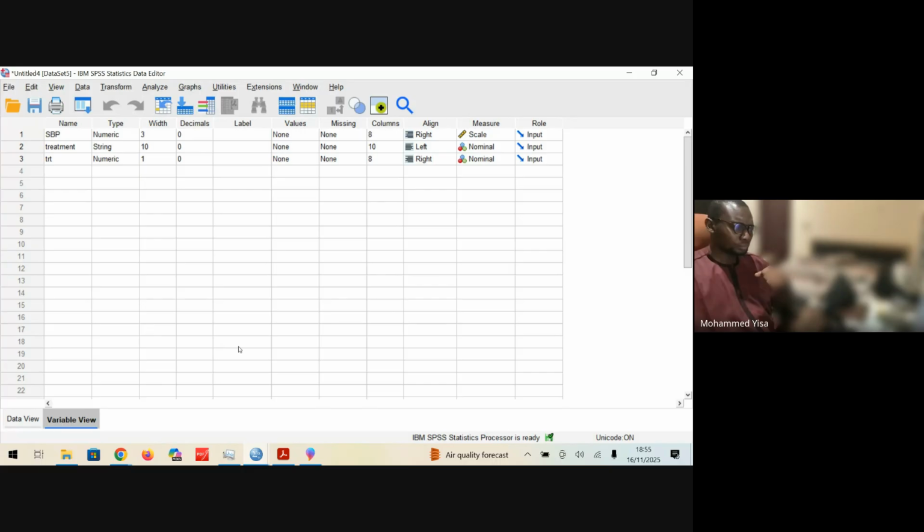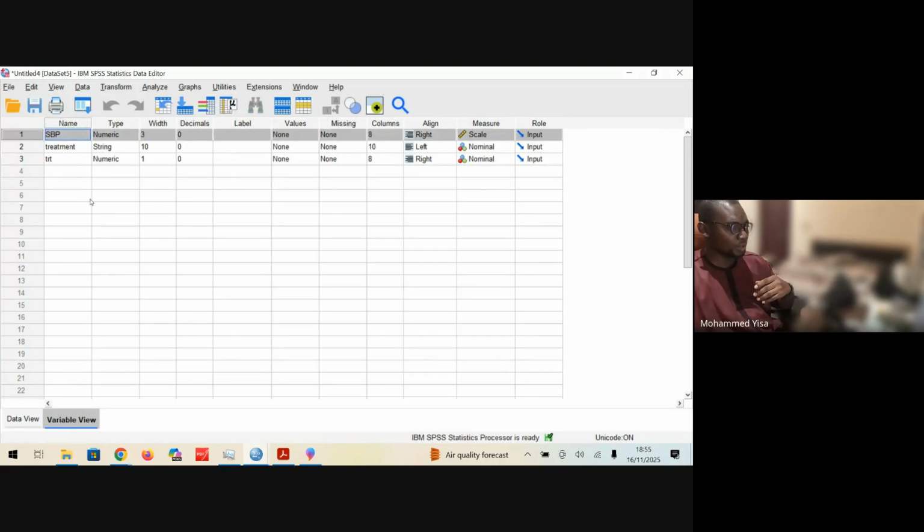So the commonest ANOVA, which is what we are going to do today, is the one-way ANOVA, and it also has similar assumptions to the t-test, which means that we are assuming this variable, this systolic blood pressure that we are comparing across the different interventions, placebo, drug X, and drug Y, is normally distributed.